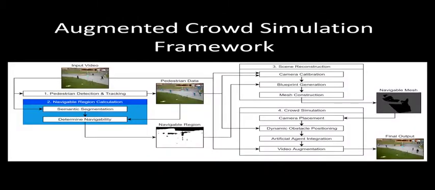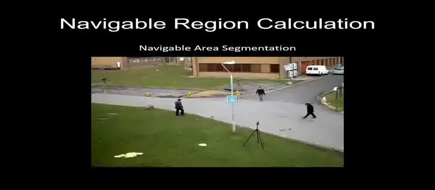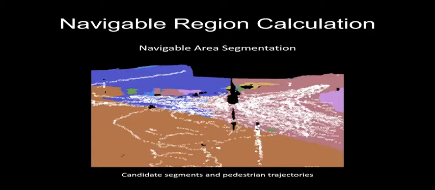Then, using semantic segmentation methods, we determine the navigable regions in the video. We accumulate the segmentation results to synthesize the navigable region candidates, filtering out the obvious impassable regions such as walls. Then we integrate the pedestrian locations, and determine the navigability of each region based on the ratio of the occupying pedestrians.